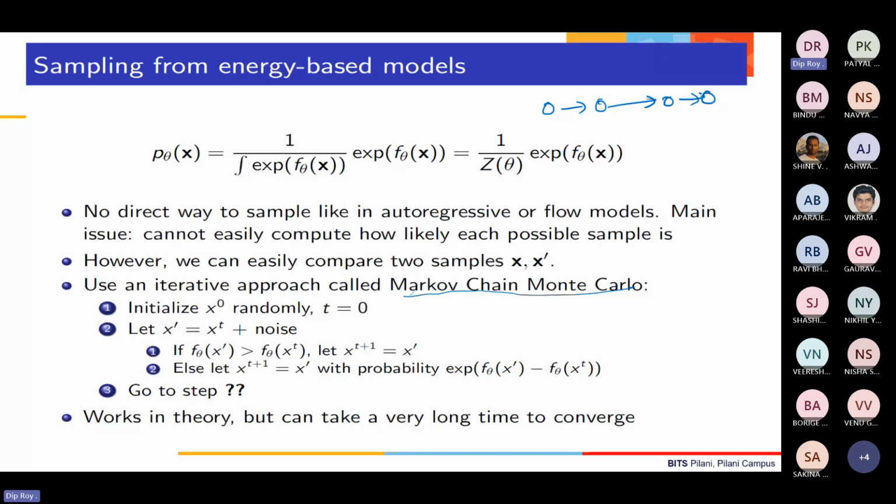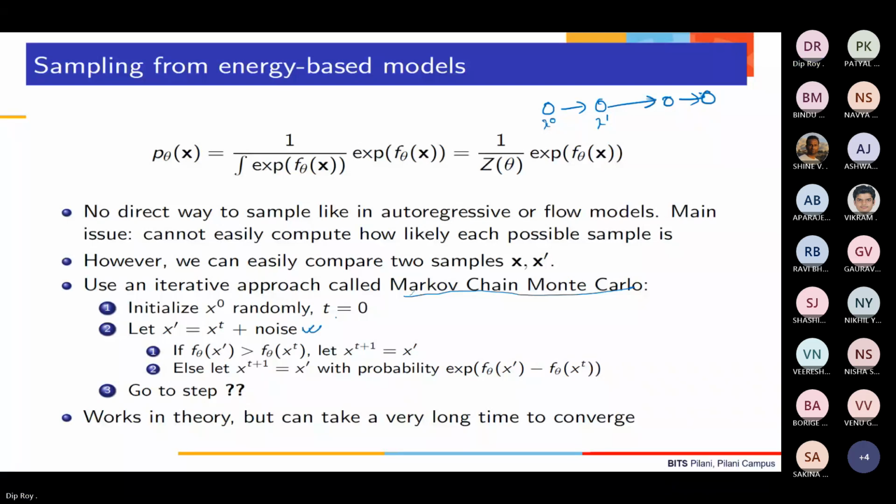Let's say this is x0. When I come to x1, how do I go to x1? I go to x1 by adding some noise, and this can be Gaussian noise.